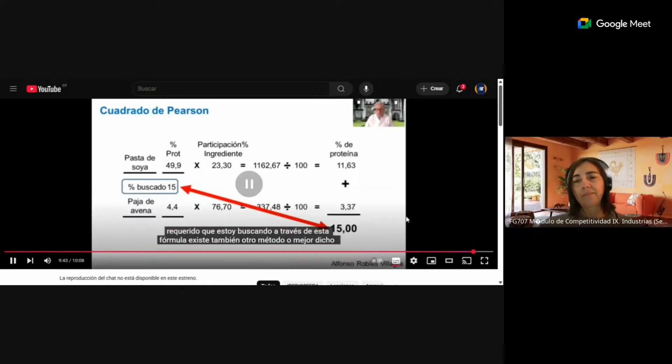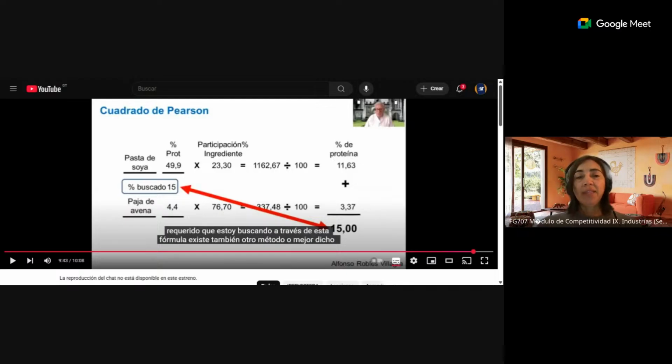As you see here in this video, we have learned how to use the Pearson squares to get a certain percent of protein in a different product. And this is how we're going to prove that how we have worked is okay.